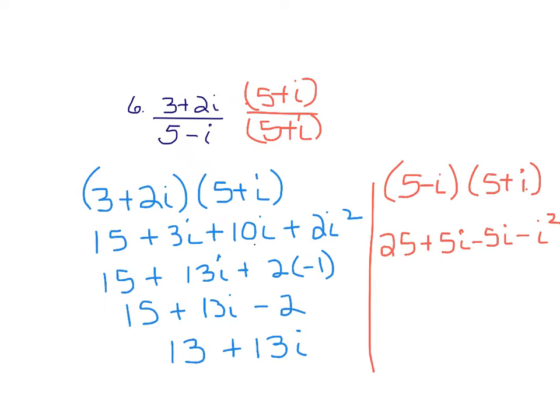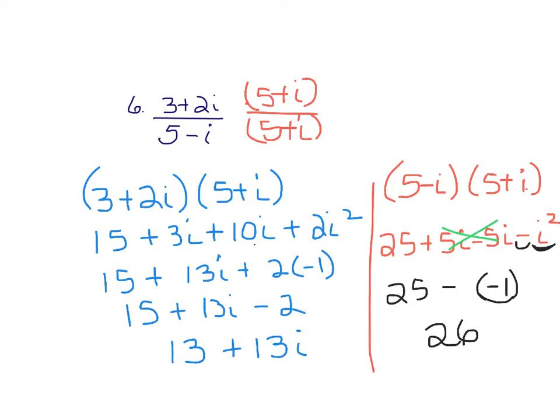Again, the inside and outside cancel. I'm left with 25 minus negative 1. Be careful on this because you have an i squared that you're putting for negative 1, but you also have the subtraction sign here. So it becomes 25 minus negative 1, which turns into 25 plus 1. So I get 26 for the denominator.